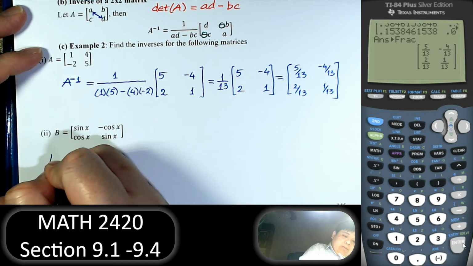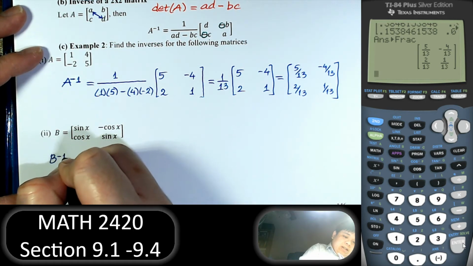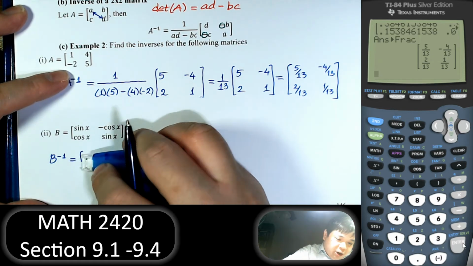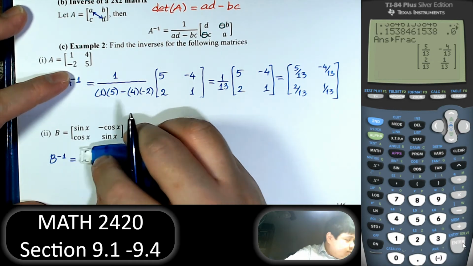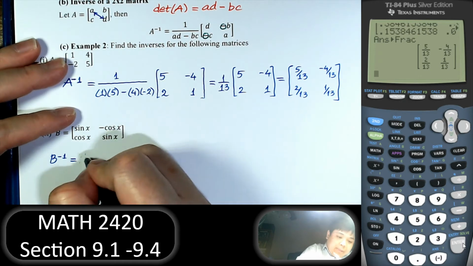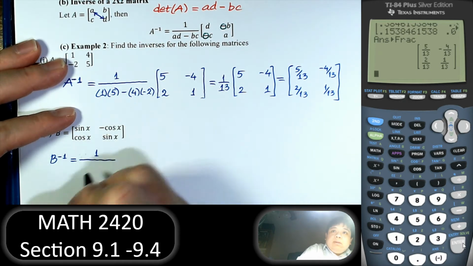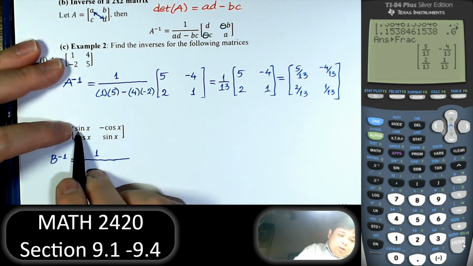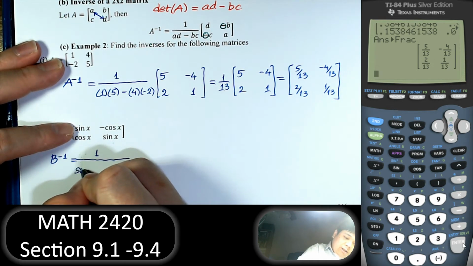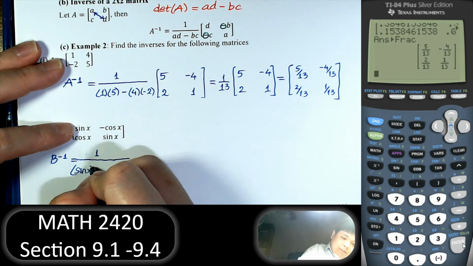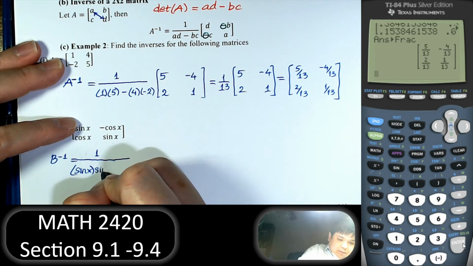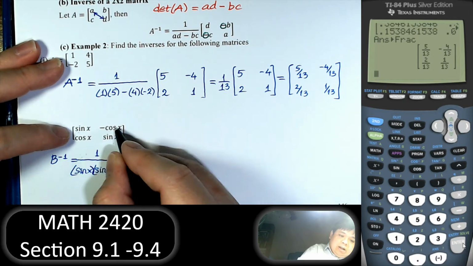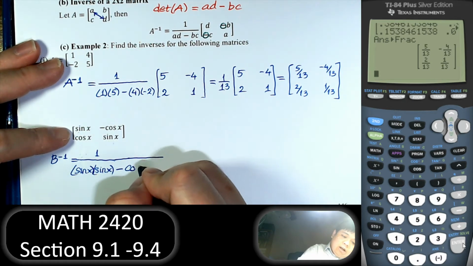So B inverse is equal to 1 over the determinant: sine times sine, subtract cosine times negative cosine.